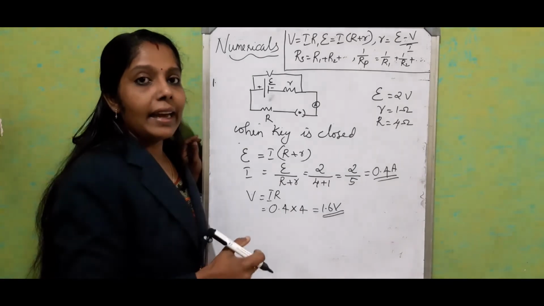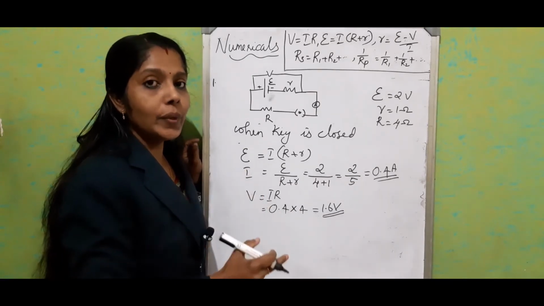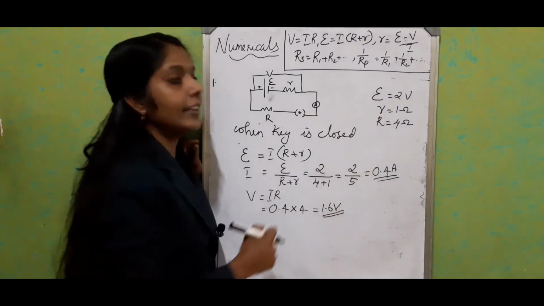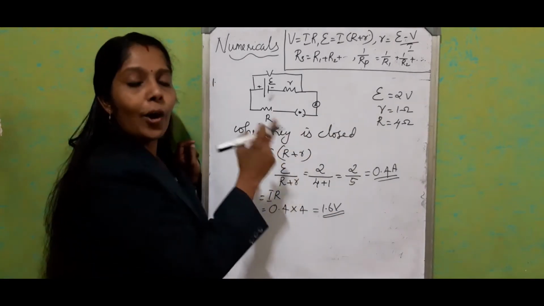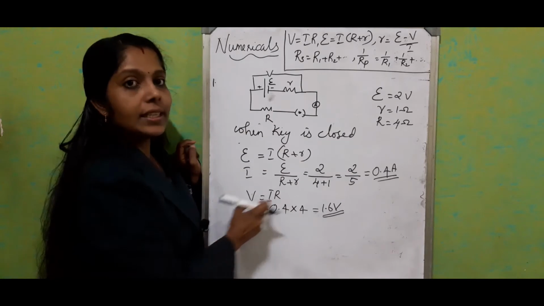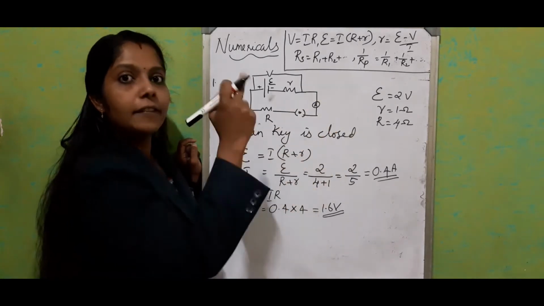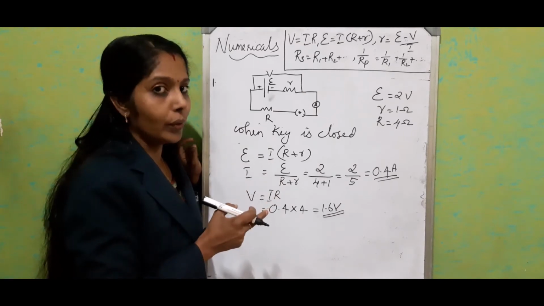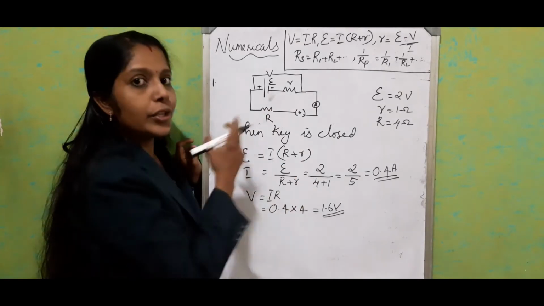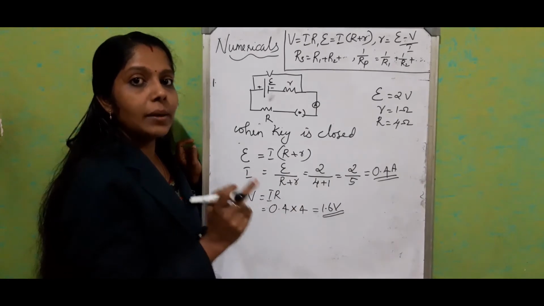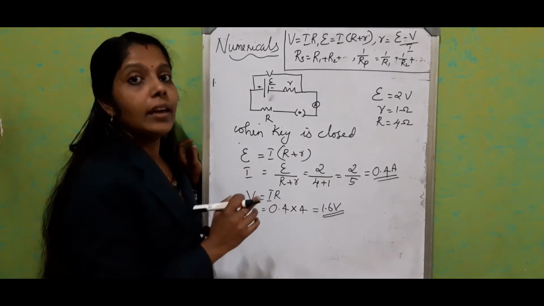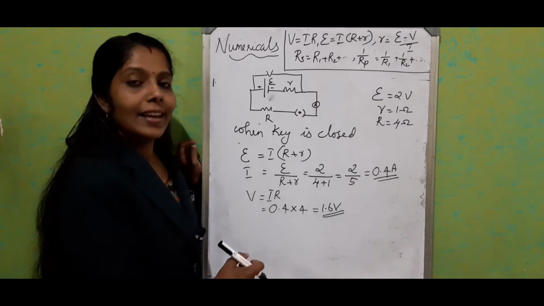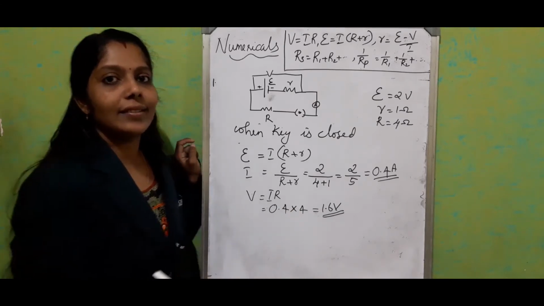So we studied that when the circuit is in use, the terminal voltage is always less than that of the E.M.F. When the circuit is open, this terminal voltage is equivalent to the E.M.F. That's why in the first case we got the terminal voltage as 2 volt. Okay. Now when current is drawn from the cell, the available potential difference, that is terminal voltage, in the circuit is 1.6. Let's see the second question.